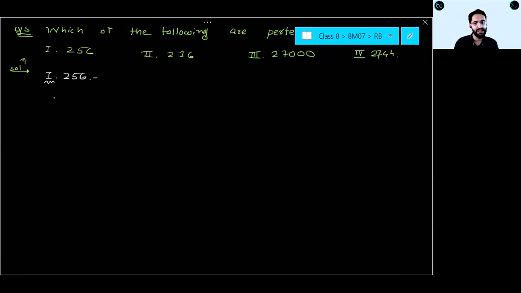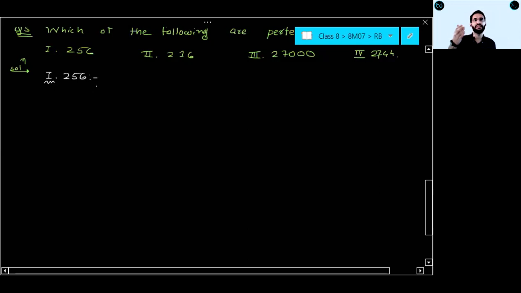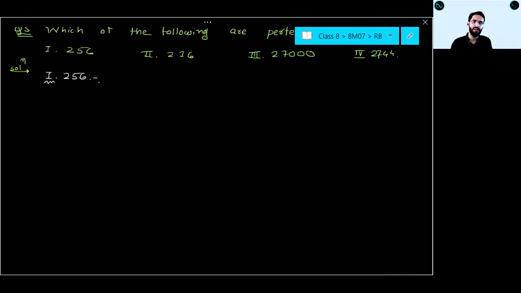By another method you can check, I agree, but it is not allowed in the exam. Because you will get marks now. If you are writing directly, who will give you marks? By observation, yes, you can say 256 lies between 216 and 343. 216 is 6 cube, 343 is 7 cube. So 256 is not a perfect cube. Right? That is the thing.